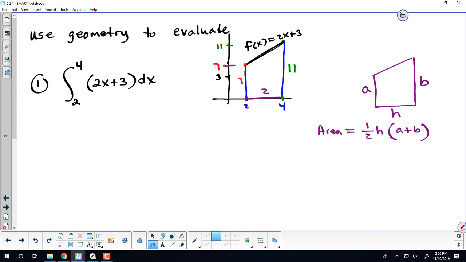So then we can compute the area, and consequently compute the definite integral. So that definite integral is equal to one half the base times the sum of the two sides.